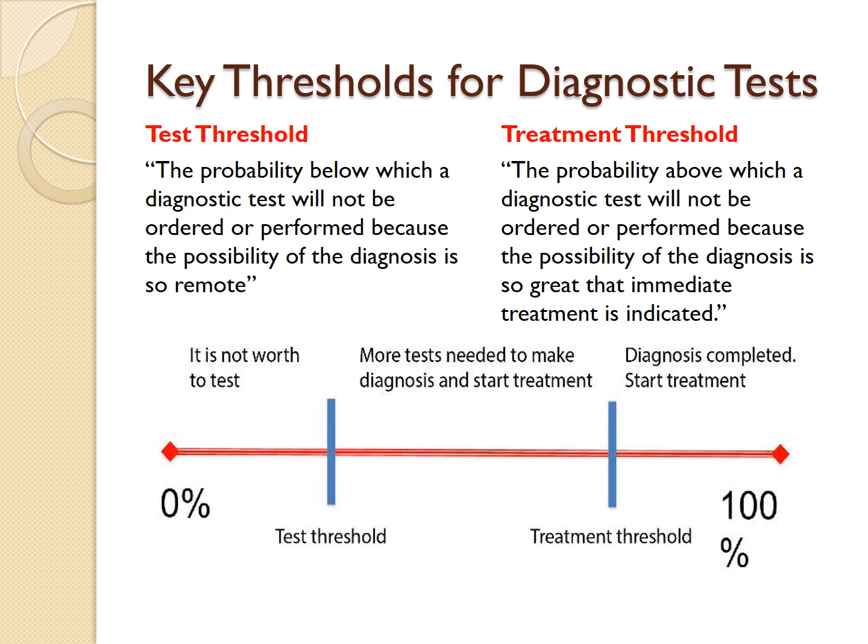And above the treatment threshold, the probability of disease is very, very high, almost a probability of 1. Okay, and in between these two zones, we need more information. We need to do more diagnostic tests to confirm the diagnosis in order to make an appropriate clinical decision.